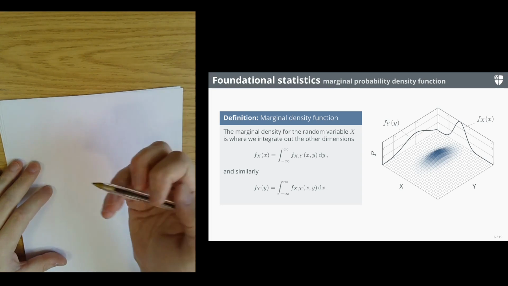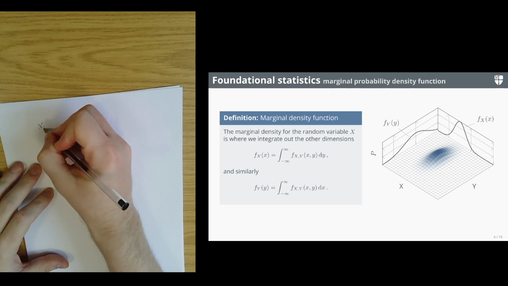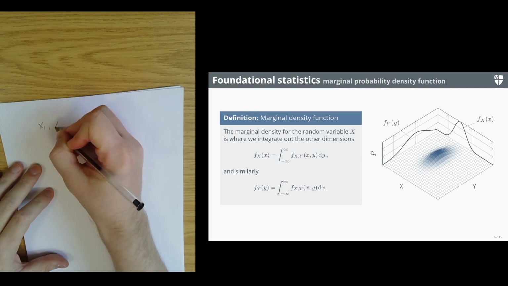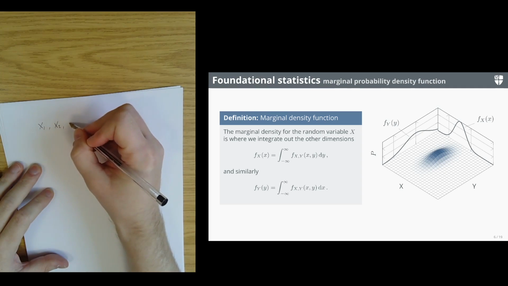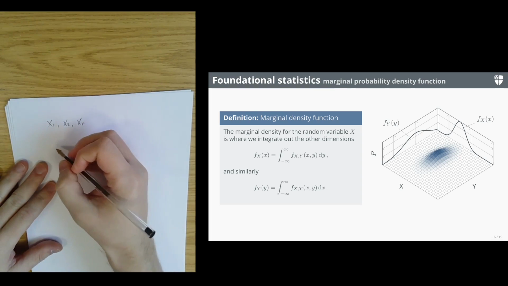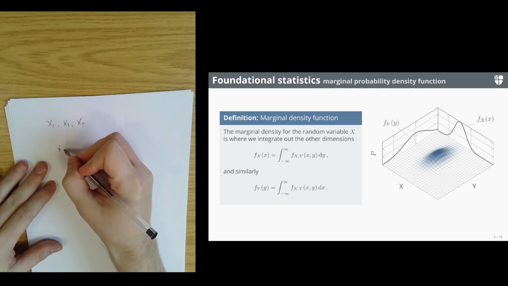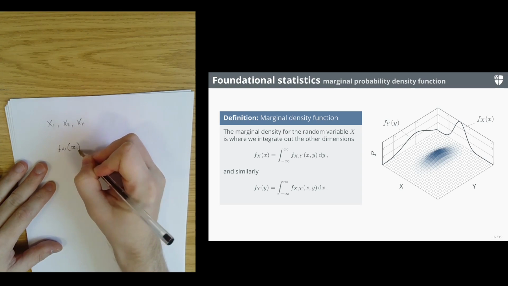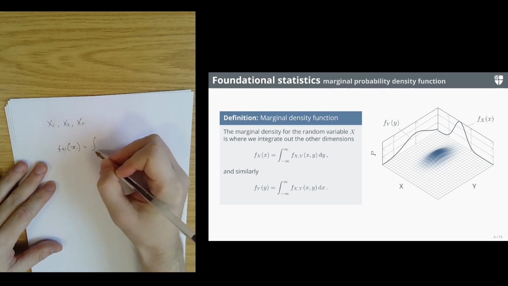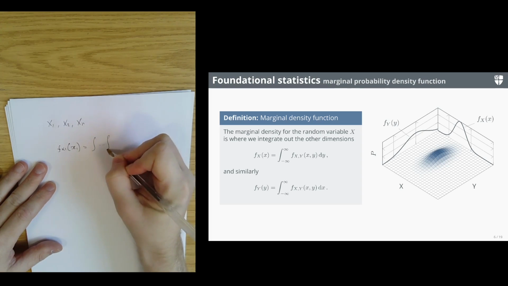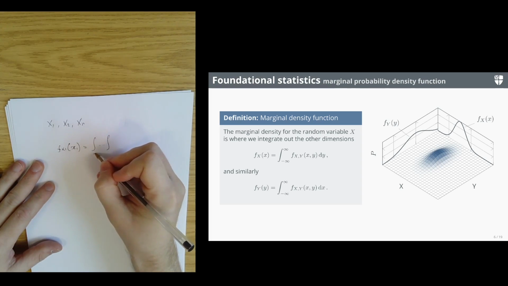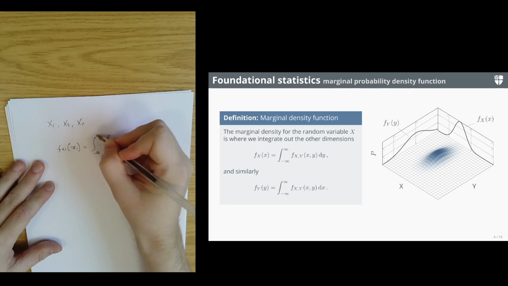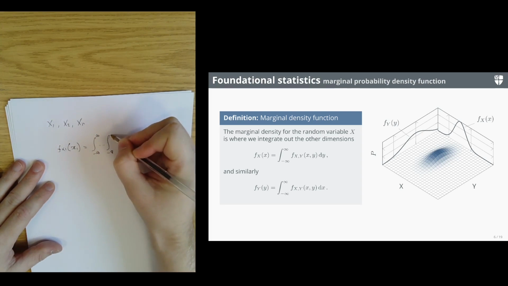Say we've got lots of random variables like age, height, and weight, all the way up to xn, and let's say you wanted this marginal here, f of x1, this marginal density. Then you have to again integrate over the whole of the space for all of the dimensions, so from negative infinity to infinity. Sorry, that's meant to be an infinity.